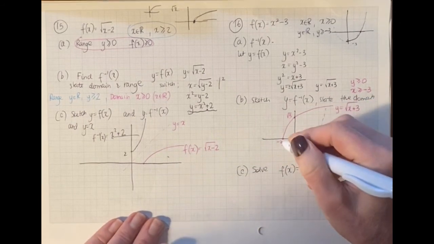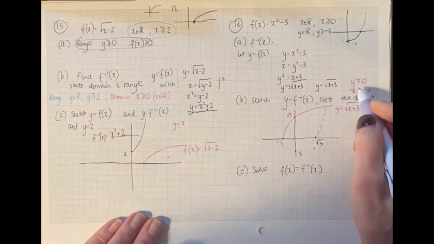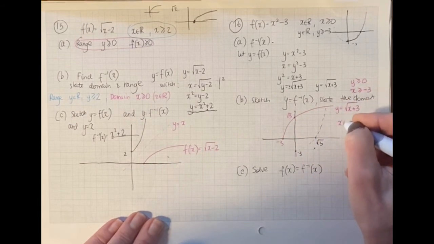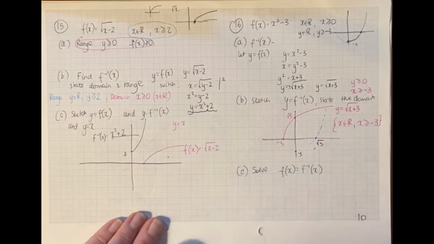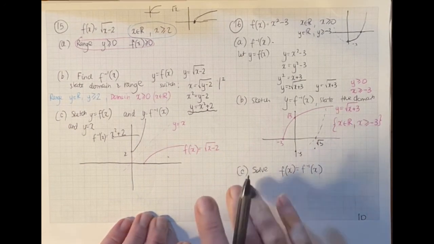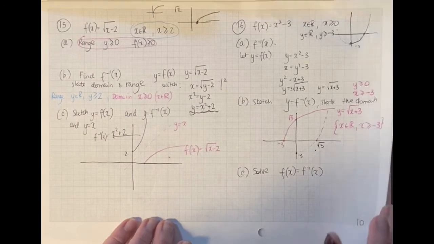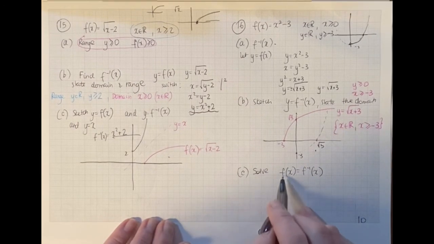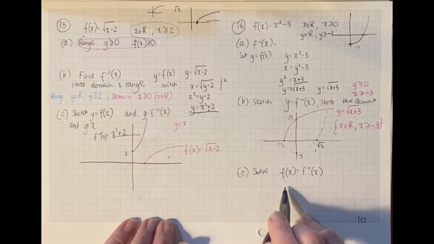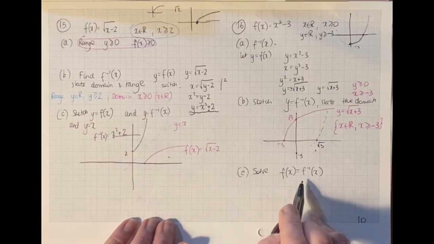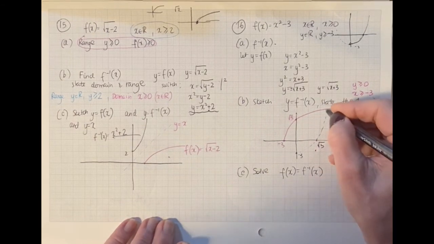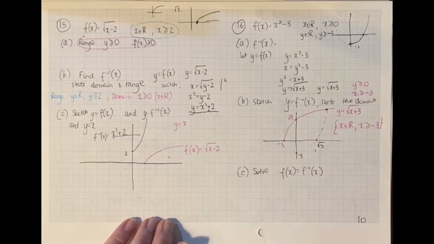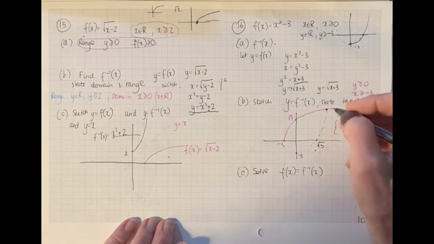The domain, we could see even from the graph, we already found it, x's belonging to real values and x's are greater or equal to -3. Now finally, for part C, this is a really important method that you need to memorize. When you are asked to find the solution to f of x equals f minus 1 of x, you are effectively looking for points of intersection of the two graphs, f of x and its inverse.